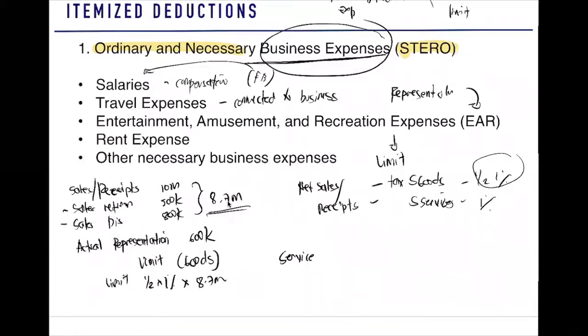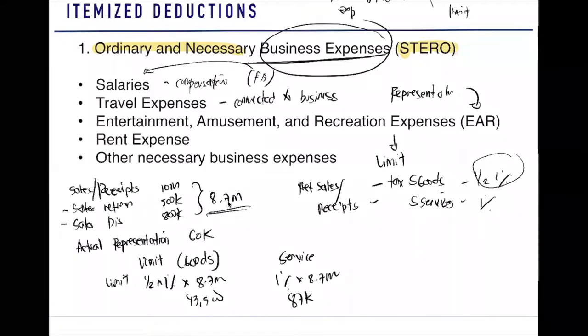So 8.7 million times 1/2 of 1%, we will get 43,500. Right? Let's change this amount of expenses. It is too high, 60,000. Okay. Next, for services. For services, what is our limit? 1% of 8.7 million. So 8.7 million times 1% will give us 87,000.